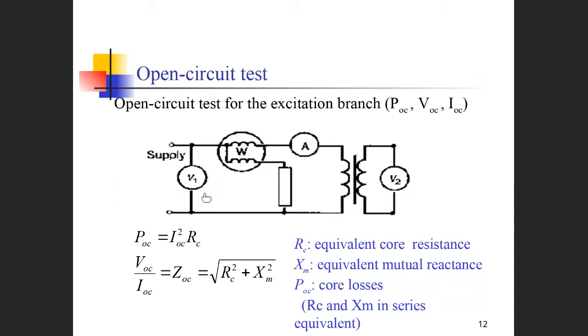Of course, at the beginning, we make the voltage 0, and then increase the voltage gradually to the rating voltage. Okay, so we monitor the input voltage and output voltage, input currents, and input powers.